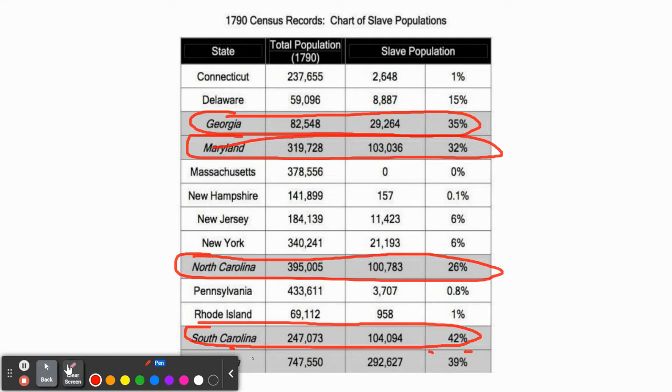If you look at all of these, okay, look at the populations. 35% is enslaved people. 32% in Maryland of the population is enslaved people. 42% in South Carolina. 39% in Virginia. This is why southern states wanted enslaved people counted towards population, because it would greatly increase their representation in Congress.